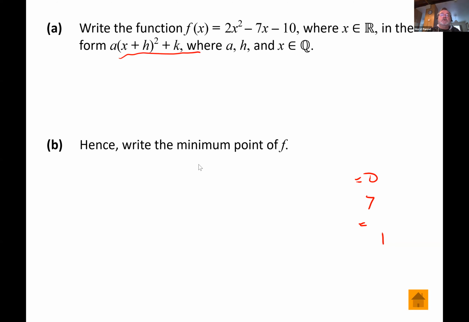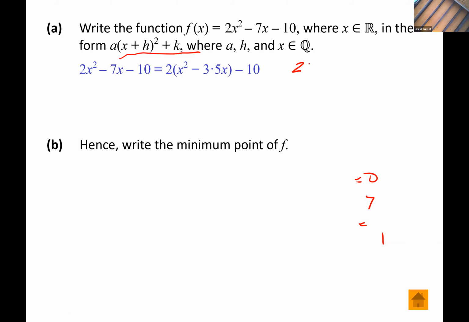The way of doing this is we're going to take the 2 out as a common factor. If we take the 2 out, it gives us x squared, that's fine, but we then have to halve 7, so that's 3.5, and you can either write that as 7 over 2 or this one.